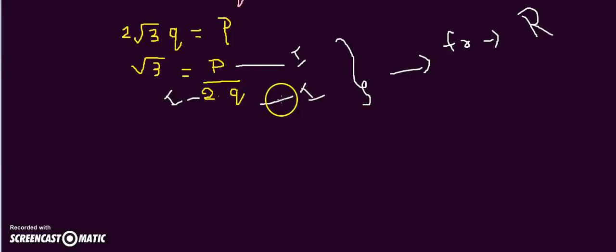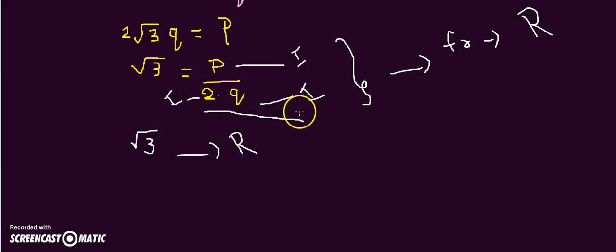If p by 2q results in a rational number, then root 3 is also a rational number.